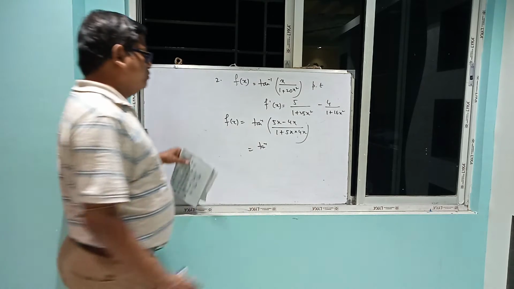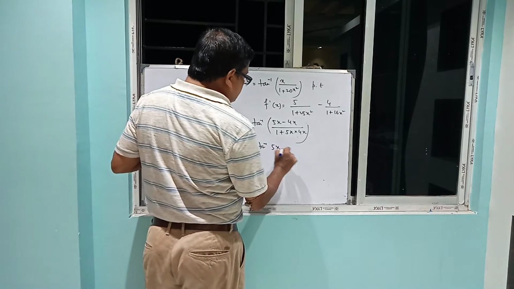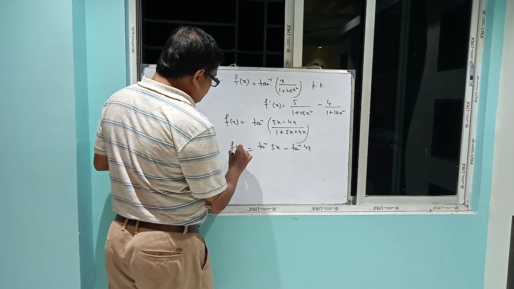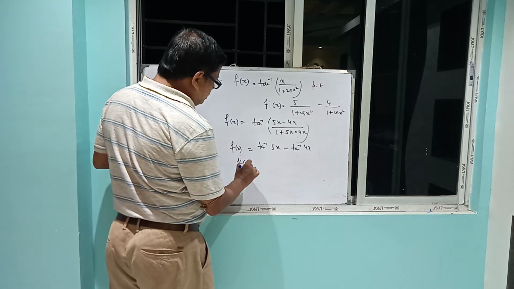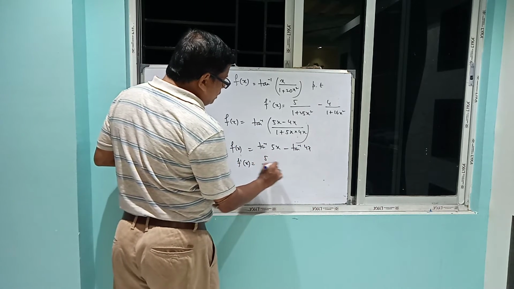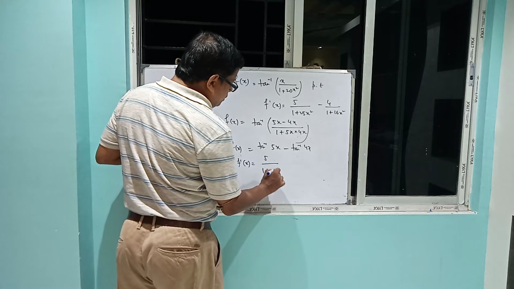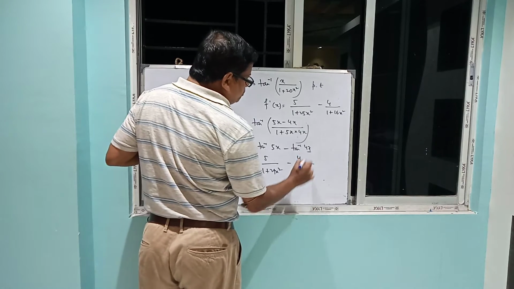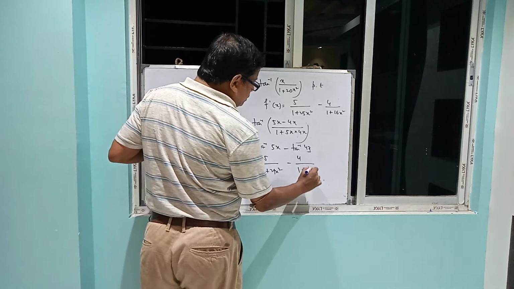So all of you know this will be tan inverse a minus tan inverse b. Okay, now f of x. So write f dash x equal to 5 by 1 plus 25x square minus 4 by, here 4 is 4, so 1 plus 16x square.